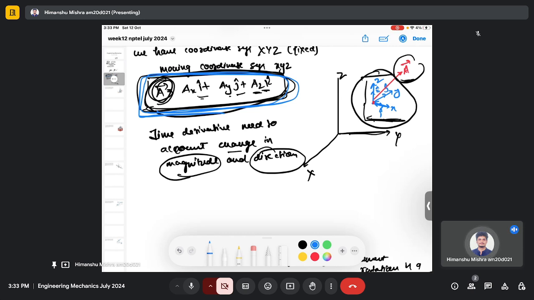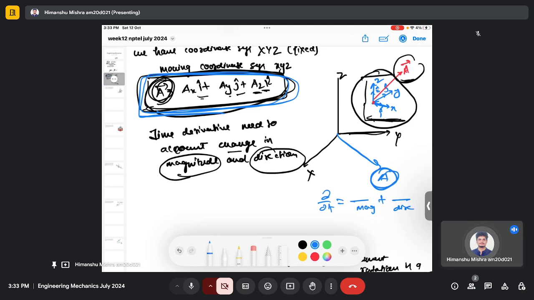For example, if I define a vector A with respect to the initial frame, then I need to account for the change in its magnitude and the change in its direction. If I take the time derivative, it will contain two parts: first, the change in magnitude, and second, the change in direction.